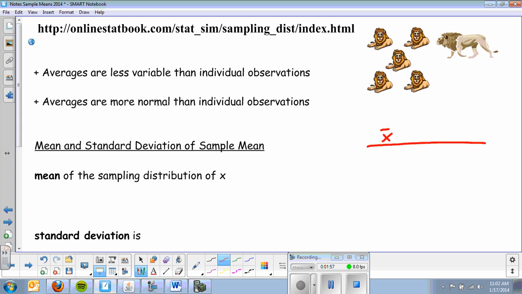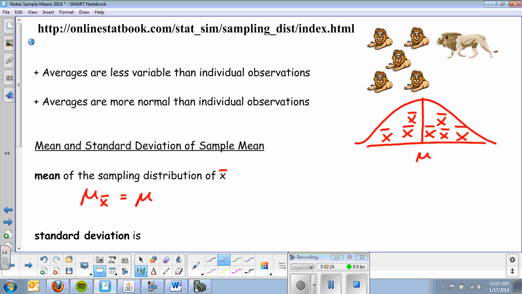And then I'd take a random sample of another 5 lions and get their x-bar. And I would repeat this process and plot those values on a histogram. What I'd end up with is something approximately normal, and the mean of that distribution, the mean of the sampling distribution of x-bar, so mu sub x-bar equals mu.